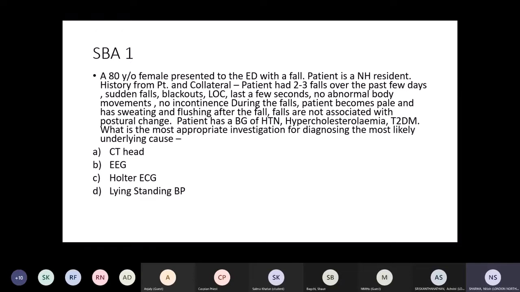The falls are not associated with postural change as well. The patient has a background of, as any elderly patient, hypertension, hypercholesterolemia, and type 2 diabetes. What is the most appropriate initial investigation for diagnosing the most likely underlying cause?